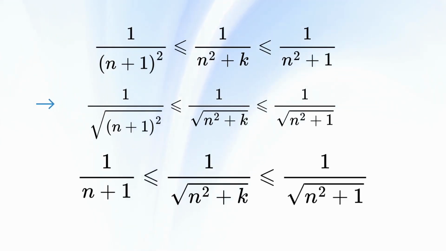Since the square root of the quantity n plus 1 squared equals n plus 1, this allows us to write 1 over n plus 1 is less than or equal to 1 over the square root of n squared plus k, which is less than or equal to 1 over the square root of n squared plus 1.